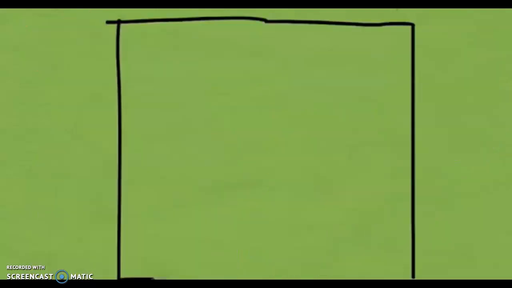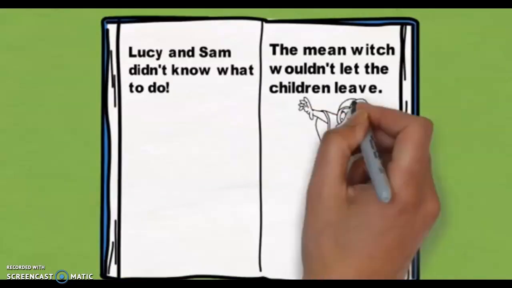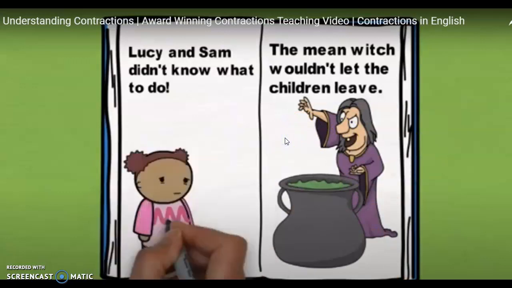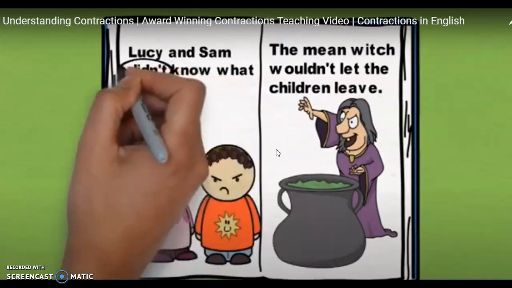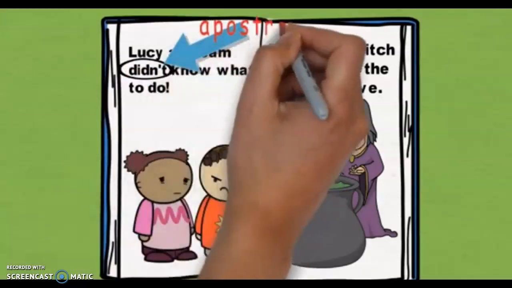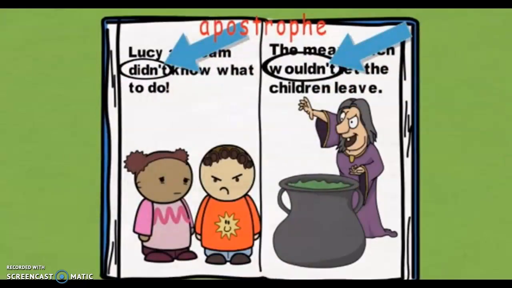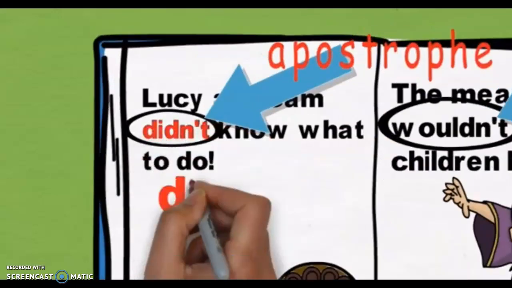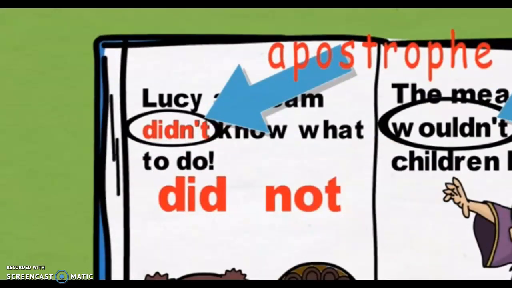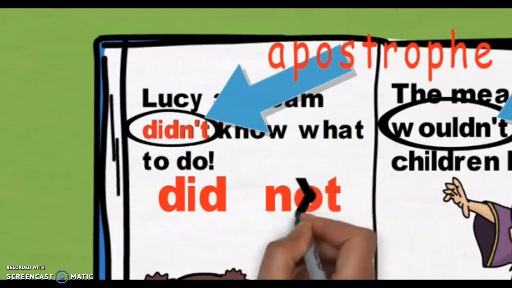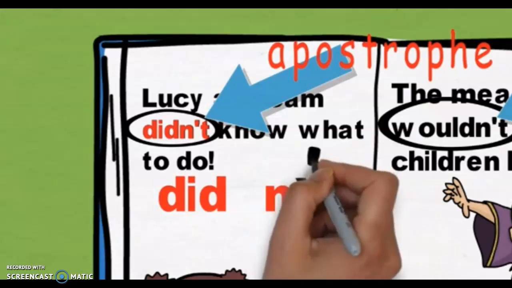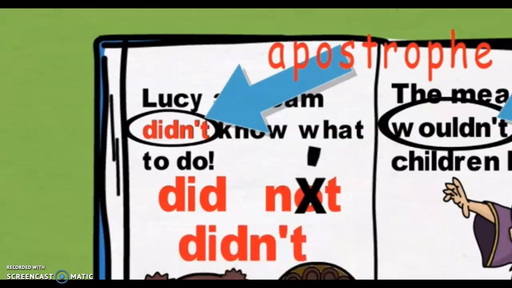When we read, contractions can be easy to recognize because they contain a special mark called an apostrophe, but not all words with apostrophes are contractions. The contraction didn't is made of two words, did and not. The O is replaced by an apostrophe, making the contraction didn't.